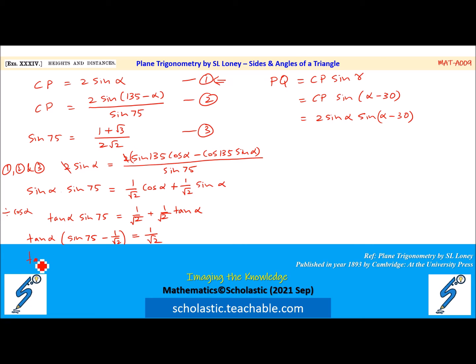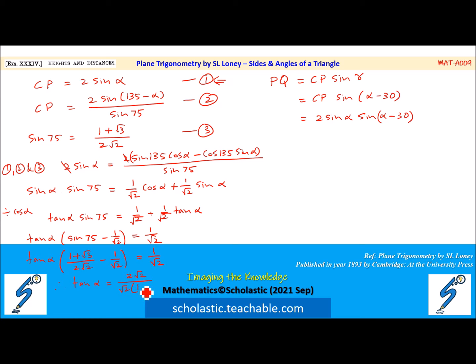So this means tan alpha times ((1 plus root 3) over 2 root 2 minus 1 over root 2) is equal to 1 over root 2. So here 2 root 2 is the common term, so 2 root 2 goes up, therefore tan alpha is equal to 2 root 2 divided by root 2.